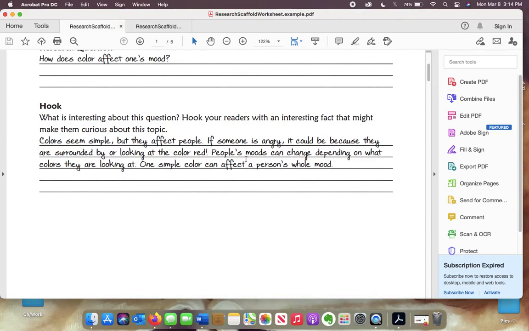You will notice that there is an exclamation point here. Please do not use exclamation points in academic writing unless you have a really, really good reason for it. People's moods can change depending on what colors they are looking at. One simple color can affect a person's whole mood. So that could be the start of their paper, the beginning of their intro, and then they go on to explain their thesis beyond that.